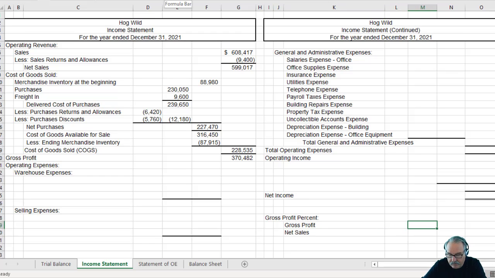So gross profit is the 374.82. Net sales is the 599.071. When we divide this out, I get a percentage of 62%. Actually 61.8%. I'm going to put a box around it.